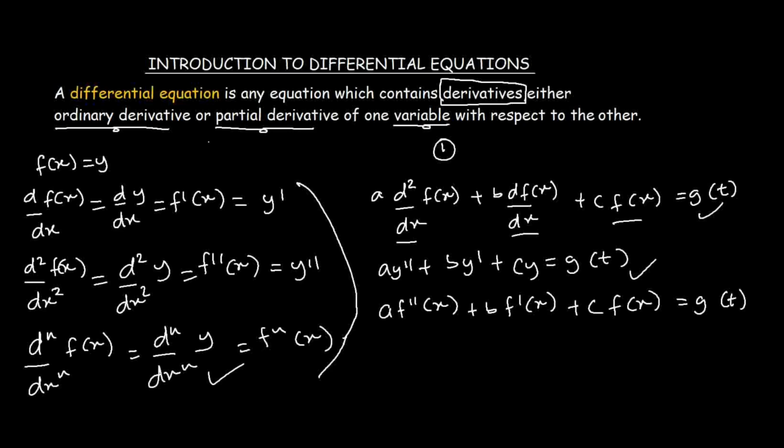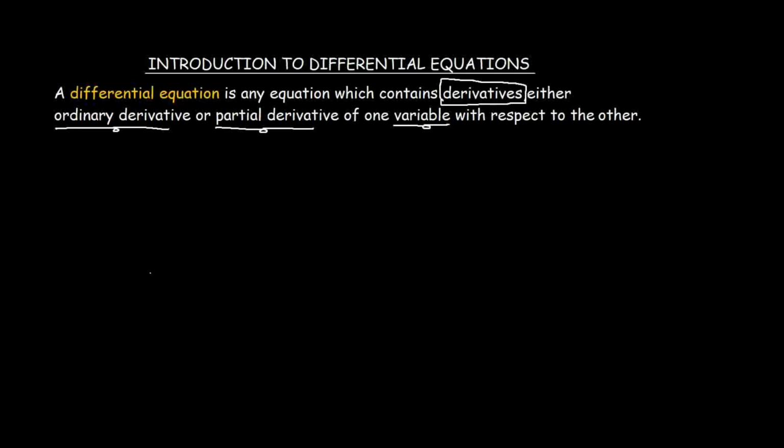So let's take a few more examples to help us know how to identify differential equations. The second example here is a equals dv over dt. This is also a differential equation because it has the derivative of v with respect to t.